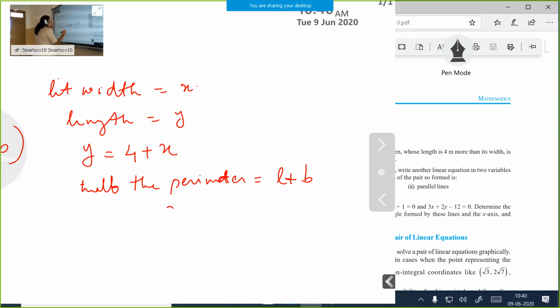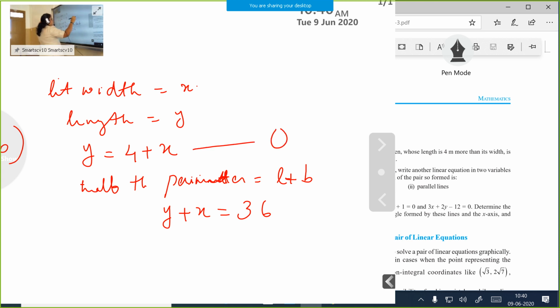Here L is equal to y and B is equal to x, so y plus x is equal to 36.